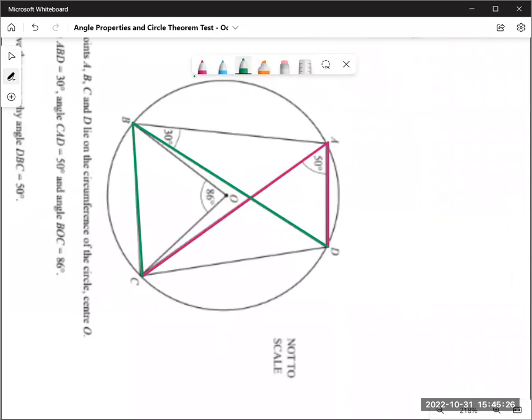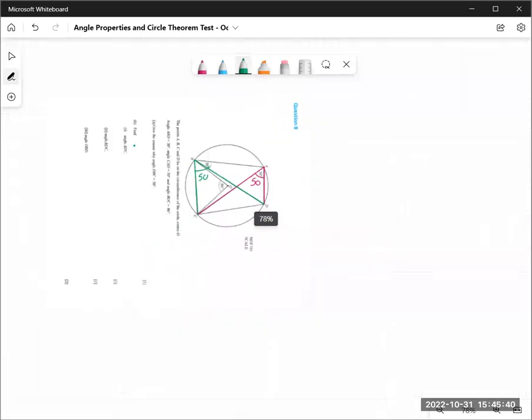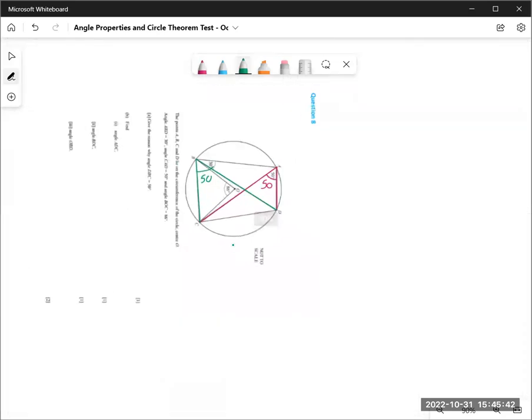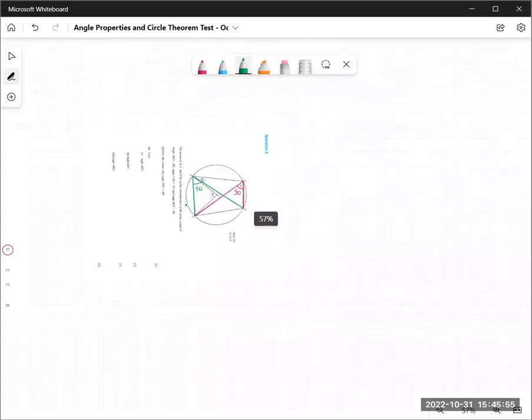Everyone, since they have the same arc and they are in the same segment, this 50 is equal to this 50. That's the reason. So all you will write here is angles at the circumference by the same arc are equal. That's all you have to write.